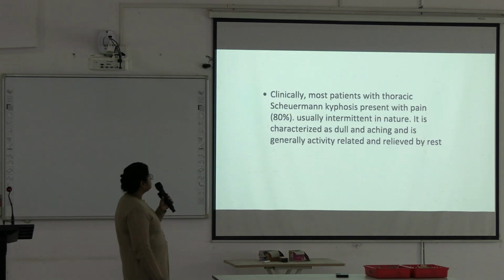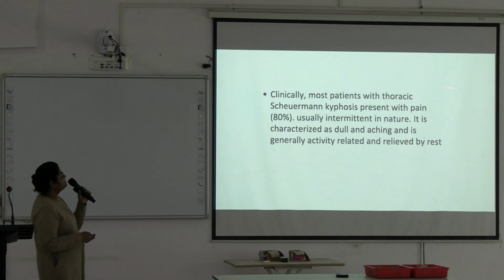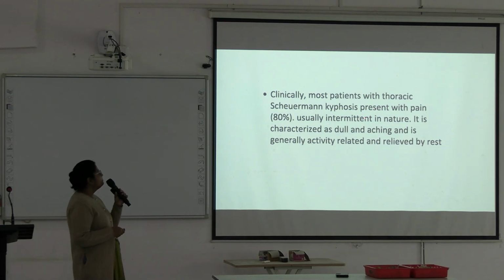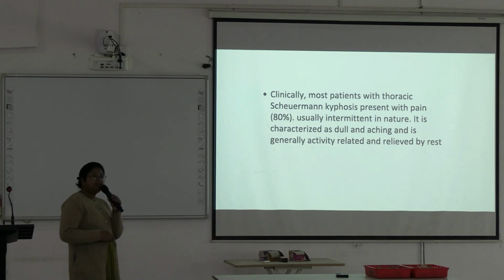Next, clinically, most patients with thoracic Scheuermann kyphosis present with pain. 80% of patients have pain, usually intermittent in nature, characterized by dull aching, and generally activity related and relieved by rest.